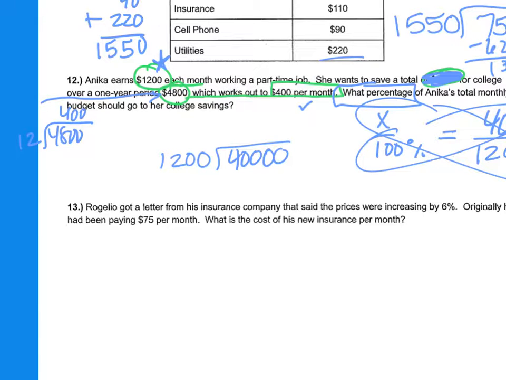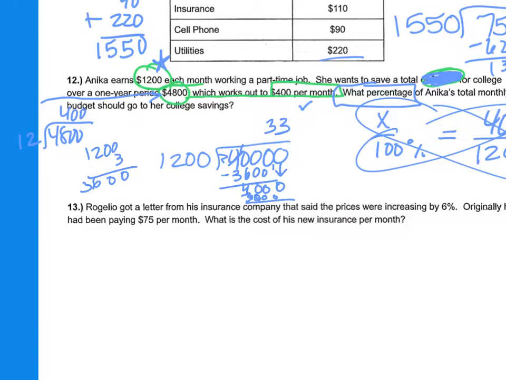So let's see, 1,200 can go into 4,000 about 3 times. Good. So that's 3,600. We get 400, drop that 0 down. 1,200 can go into 4,000 again, 3 times, yeah.